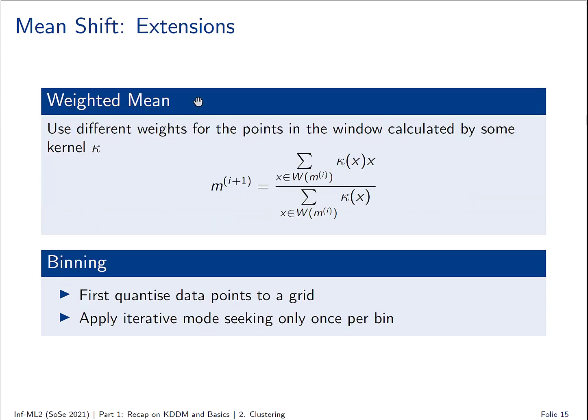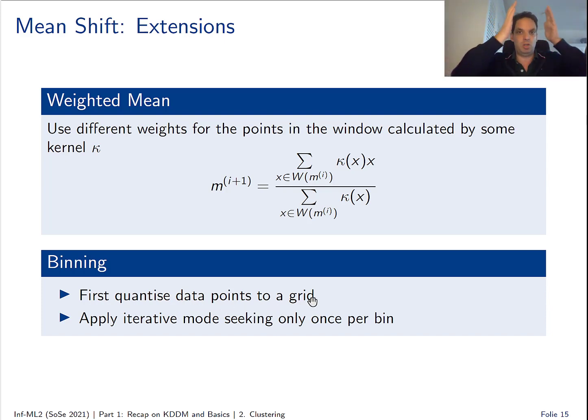One of the extensions tries to tackle that problem. That is the second one here, the binning. It is an extension to make the mean shift a little bit more scalable. The idea is that we quantize the data points to a grid. We partition the data into grid cells, somewhat arbitrarily, and then apply the iterative mode seeking only once per bin, meaning that we aggregate the points in a bin to just one mode.